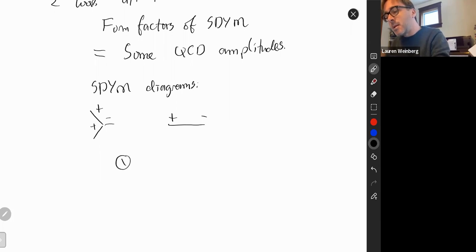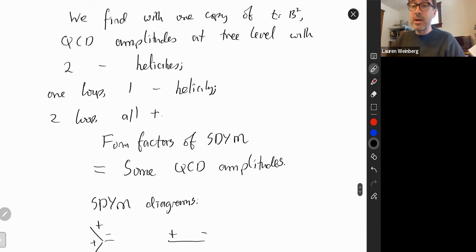And then I'll draw a trace B squared like that. That takes in two minuses. And you can convince yourself that the diagrams with exactly one copy of trace B squared are those diagrams I listed above. So that's why I don't find all QCD amplitudes, I only find these fairly simple ones.